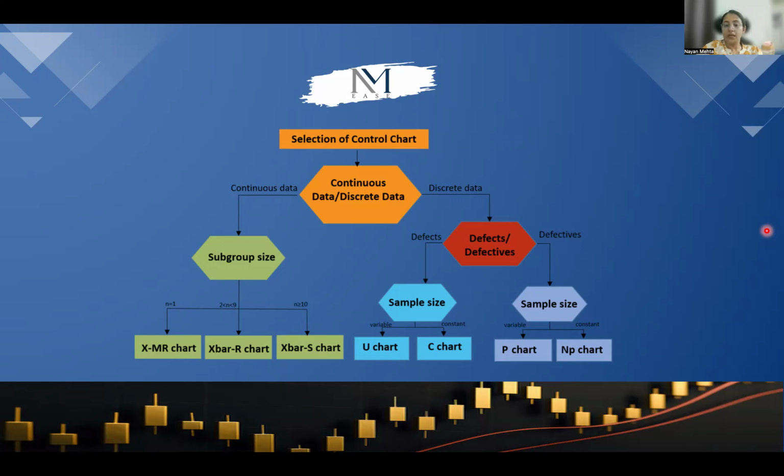For example, if a mug has a chip and a crack, those are two defects. Even though there is only one mug, that mug has two defects. Now, what is defective? A defective item is a product that has one or more defects, making it unacceptable for use. So in our case, our mug is a defective product, but it has got two defects.